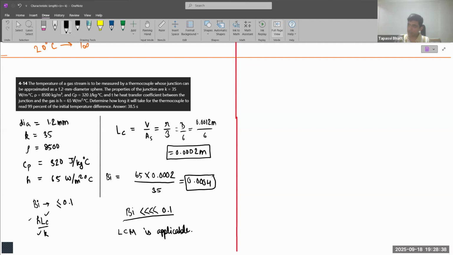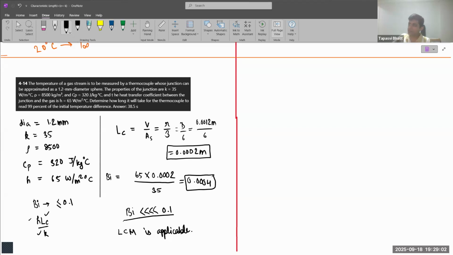Now, once we know that the lumped capacity model is applicable, the problem is very simple. The way they have expressed it is a bit tricky. They say: determine how long it will take for the thermocouple to reach 99% of the initial temperature difference. The thermocouple measures the temperature difference always.